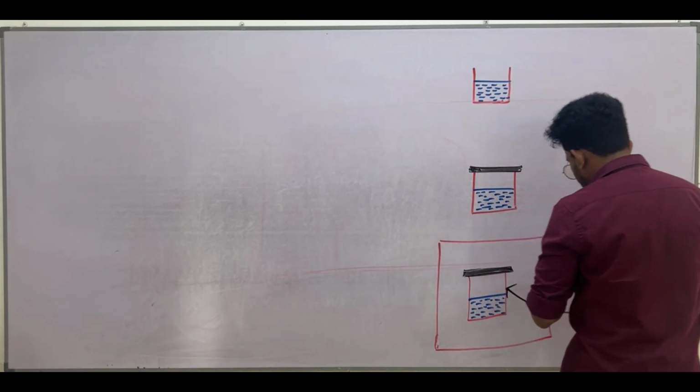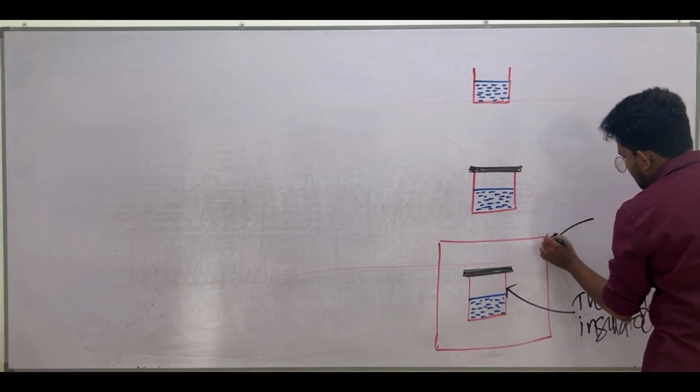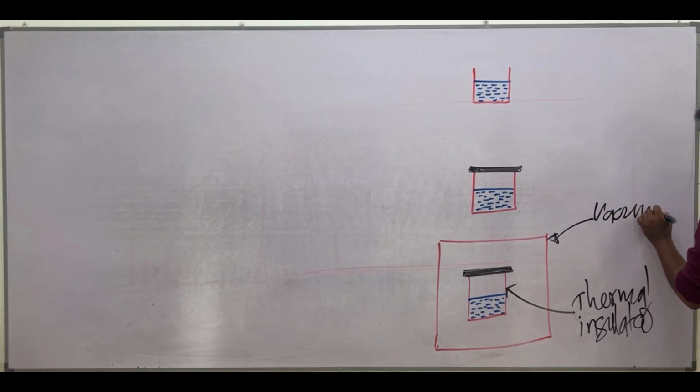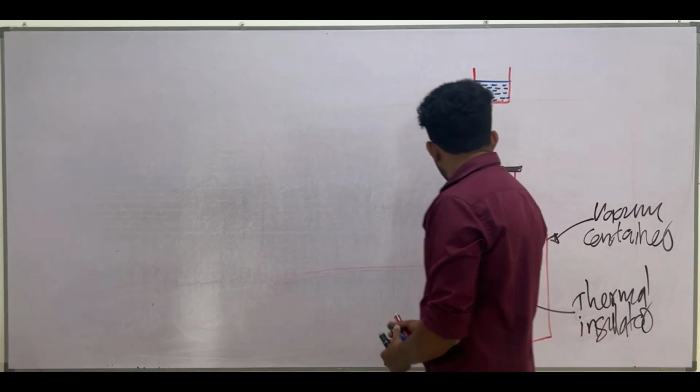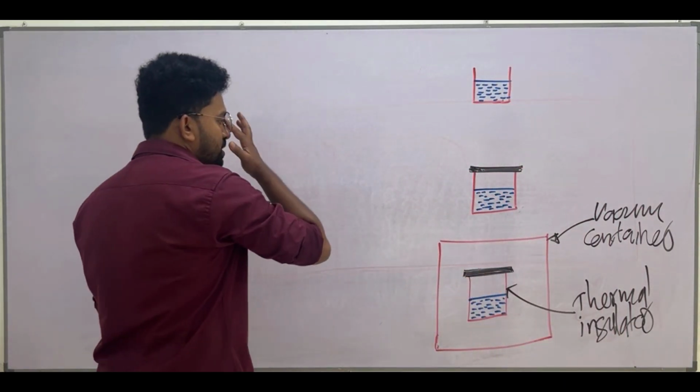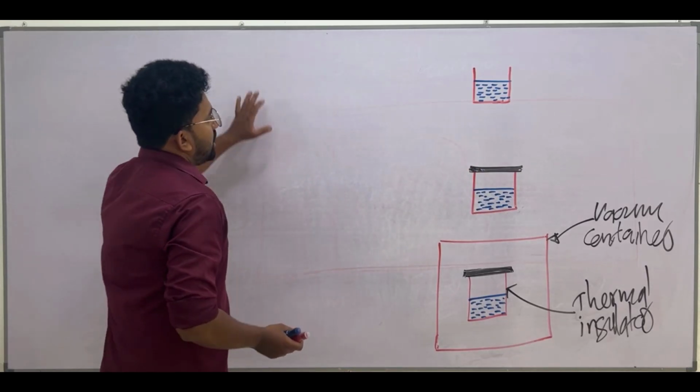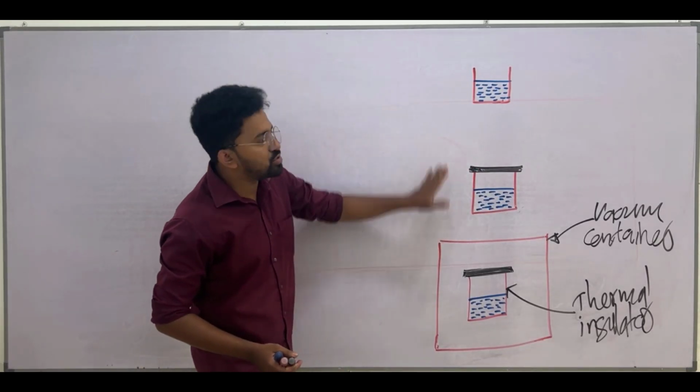And here this one is a vacuum container. Thermal insulator and vacuum container. Right. Now these are three types of containers.